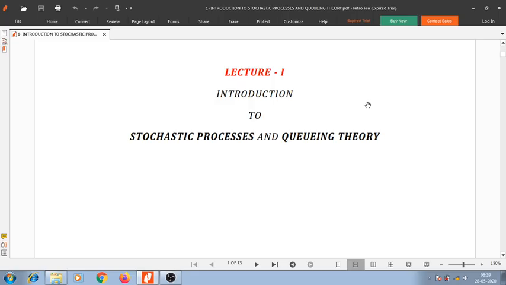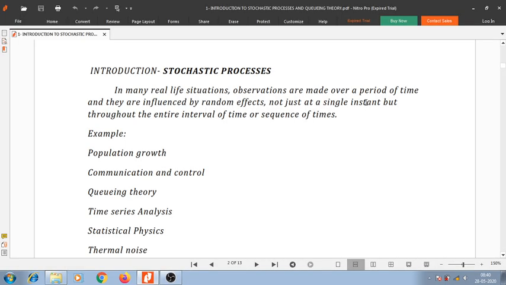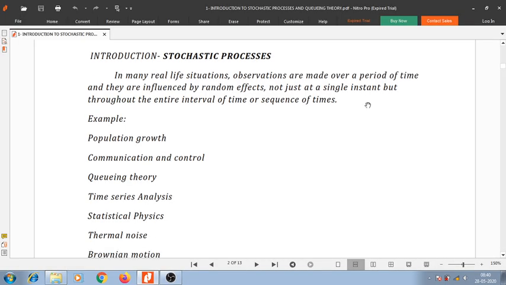So in this class we are interested in the introduction to stochastic process or random process and queuing theory. So what is a stochastic process? Before going to the stochastic process, we should know where it can be applied.